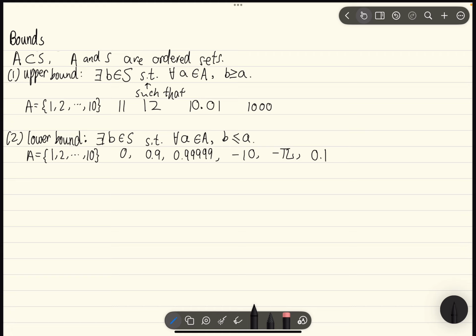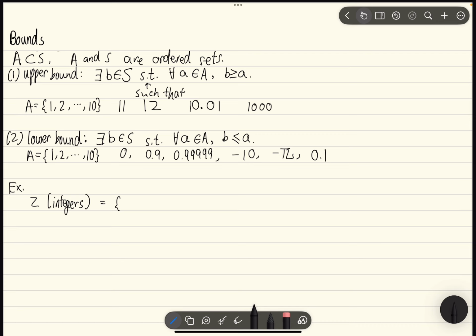So, what are some examples where a set has no upper bound or no lower bound? An example would be this set here, Z, which denotes all integers. Now we know Z is from negative infinite to positive infinite.